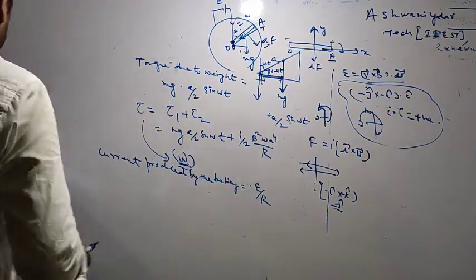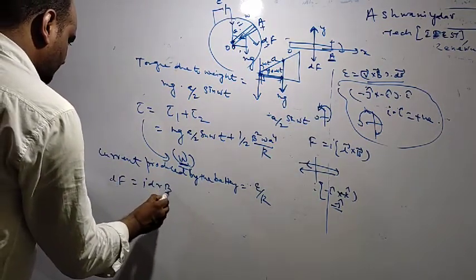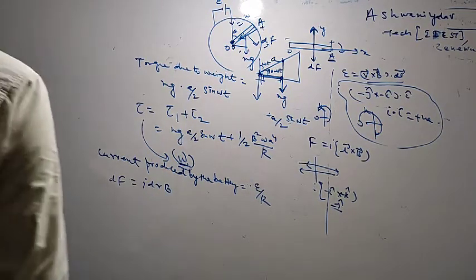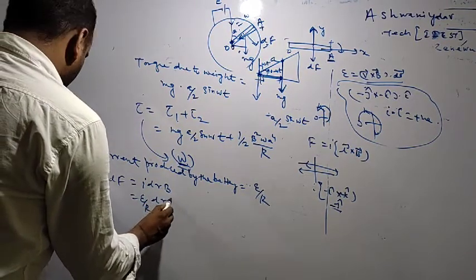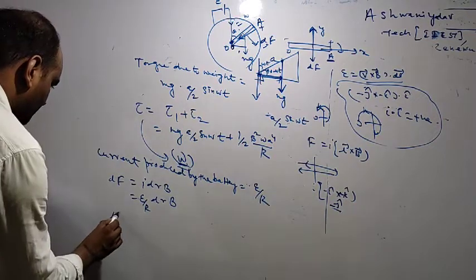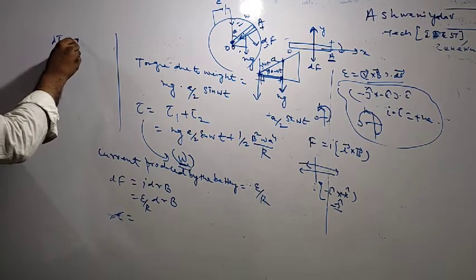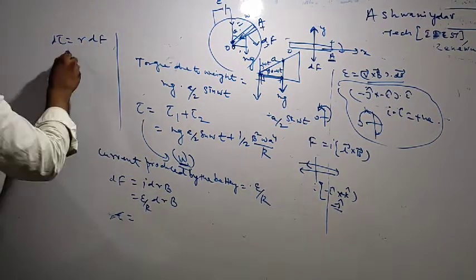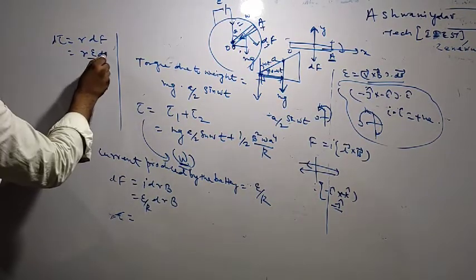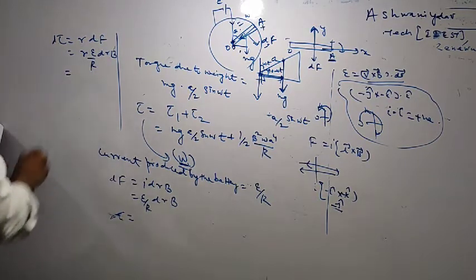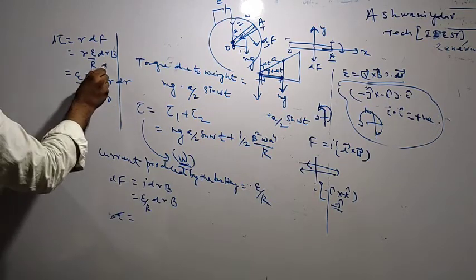So evaluate this. Small dF is equal to I dr B. As usual, I is equal to E by R, dr B, and now the torque is dF times r, E by R, B r dr, from 0 to a.